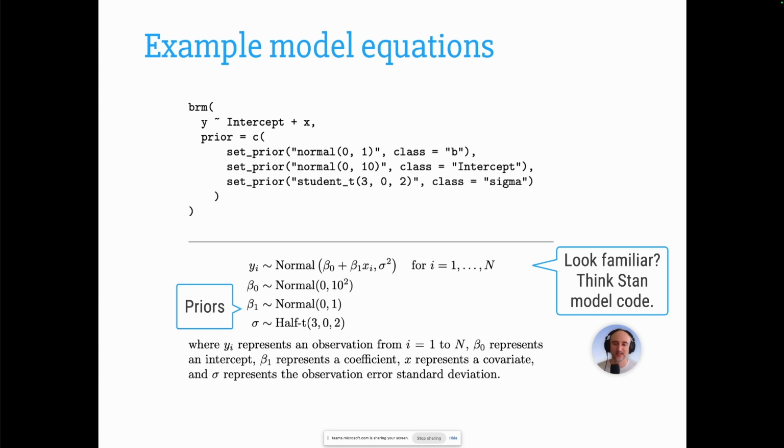So that's something to navigate. But you might say something like this. So my response y indexed by i comes from normal distributions. That's my data likelihood. And then I've got a sequence of priors. So I'm defining my priors for each of my parameters. And then I would write out afterwards what I am showing in equation form.